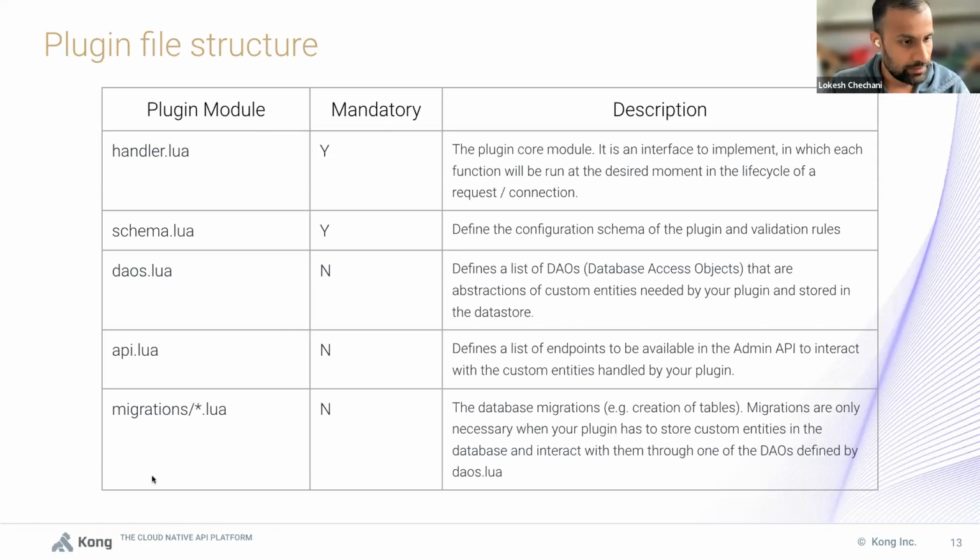And the API.lua is for when you want to create an endpoint within your platform. Not an endpoint of your actual business API, but a certain endpoint you want to have from the platform perspective. That's where you implement the API.lua, so it can create those endpoints.